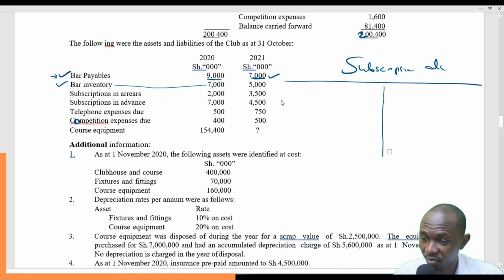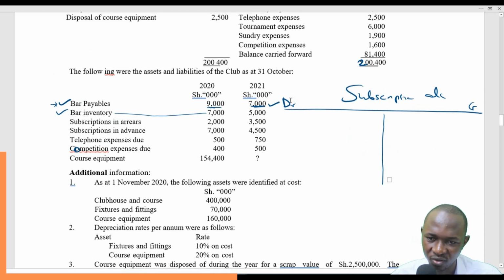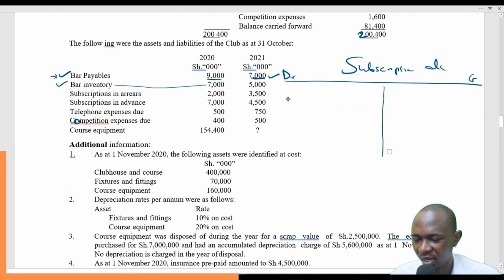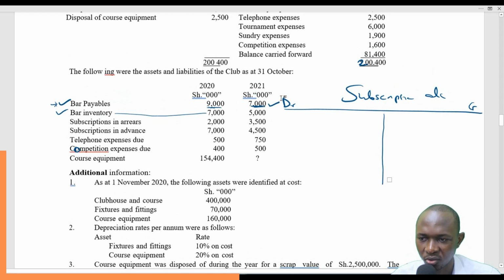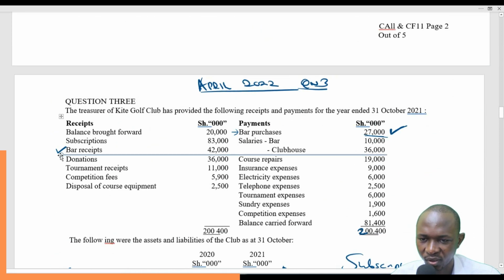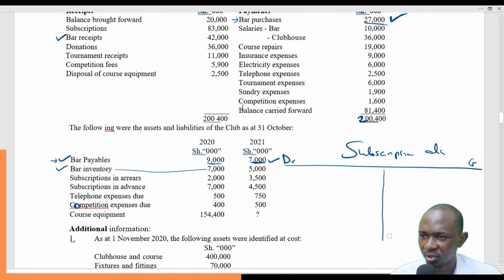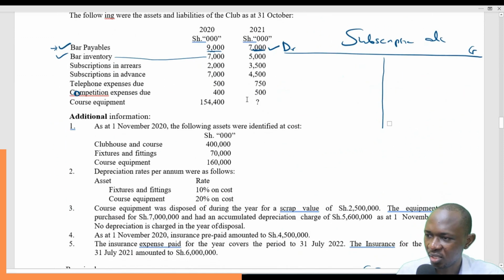I know it's the hardest part for most of the students, but it's very easy. What you need to do is just ask yourself what is for this year, what is not for this year. So get rid of what doesn't belong to this year and get in place what belongs to this year. So subscription is an income, 83,000.